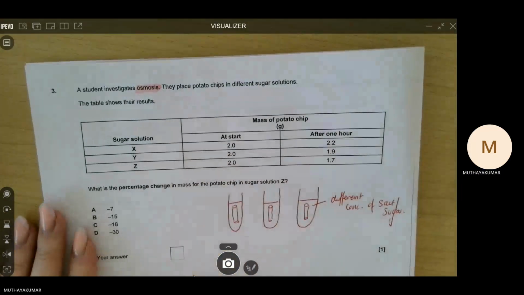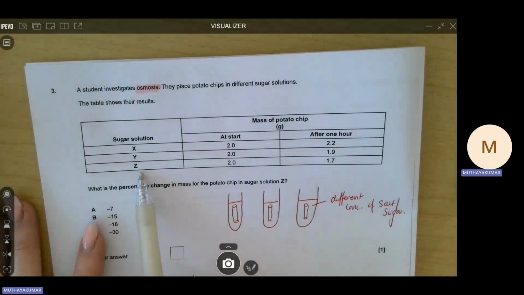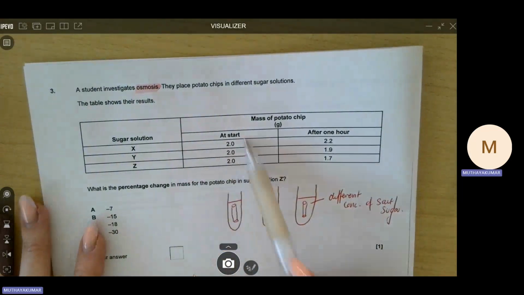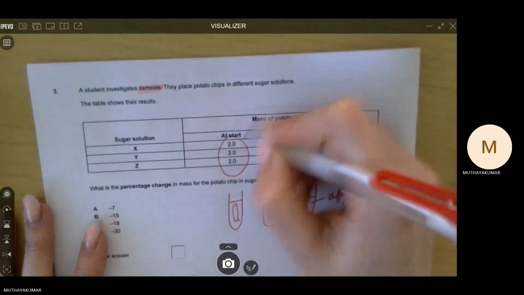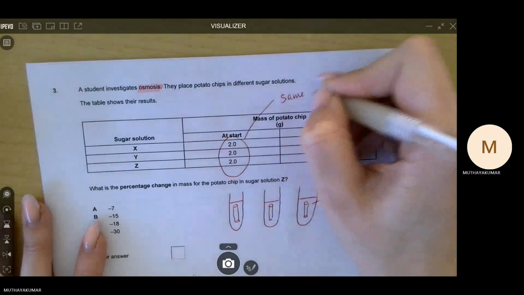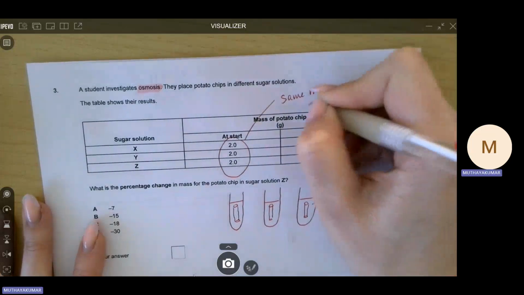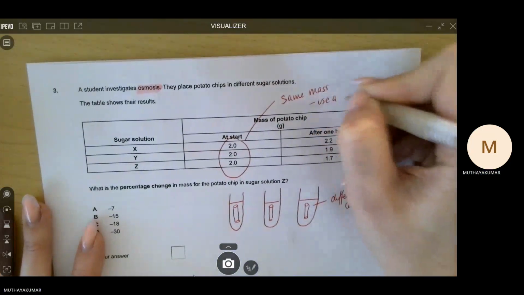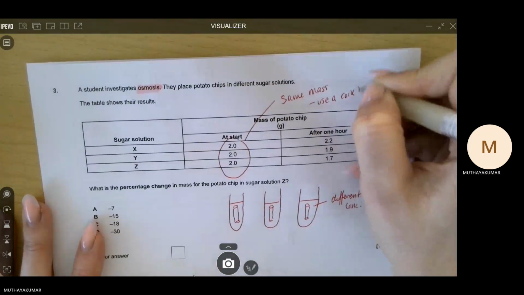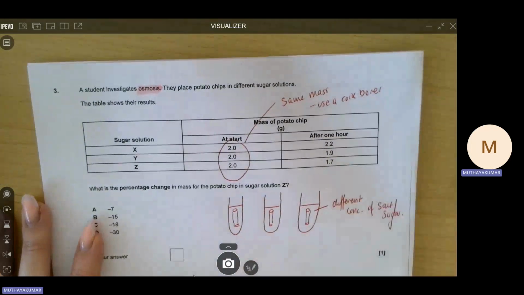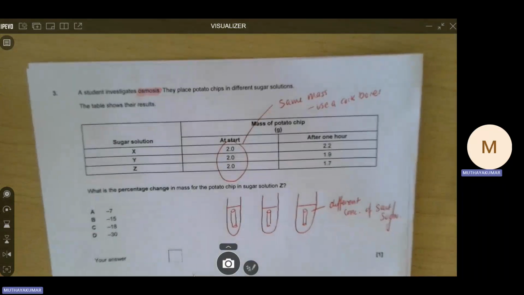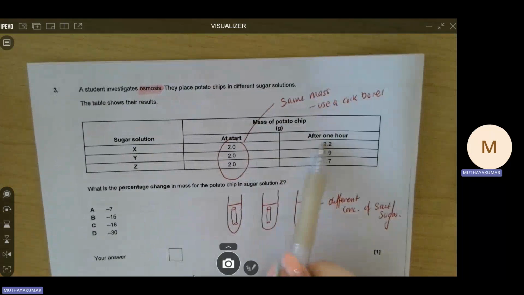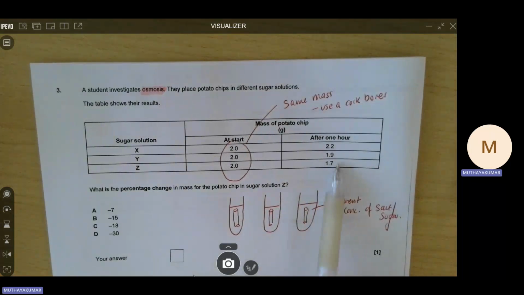Okay, so you've got 3 solutions, and at the start we've got the same mass. All right, because we've used a cork borer to make it constant. Okay, we want to keep the starting mass as constant as possible. And then after 1 hour, your potatoes either lost or gained mass.